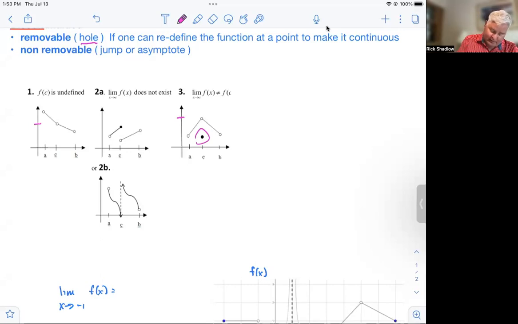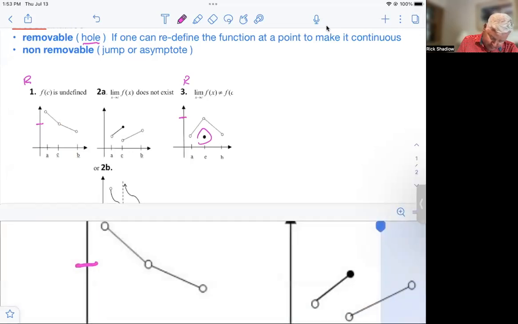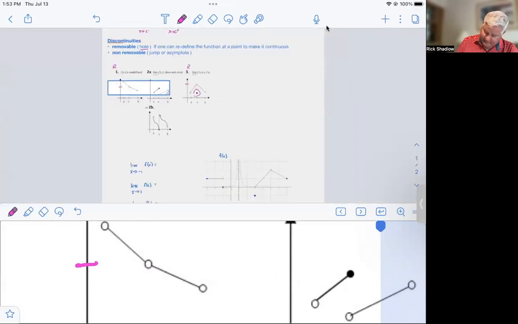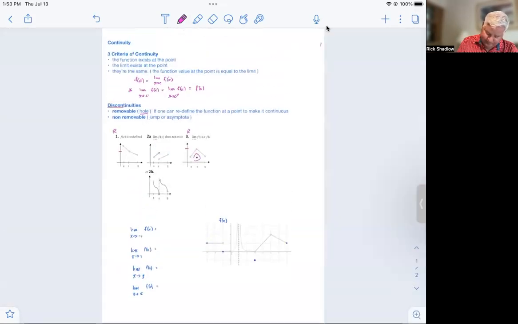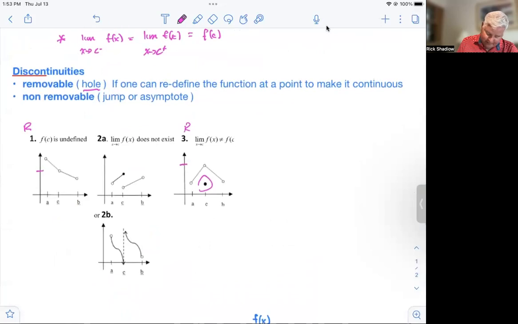Examples 1 and 3 are cases of removable discontinuities, because I can redefine the function such that f of c, if f of c were this value, then it would be continuous. And in problem 3, I can redefine the function to be the same as the limit, and then it would be continuous.